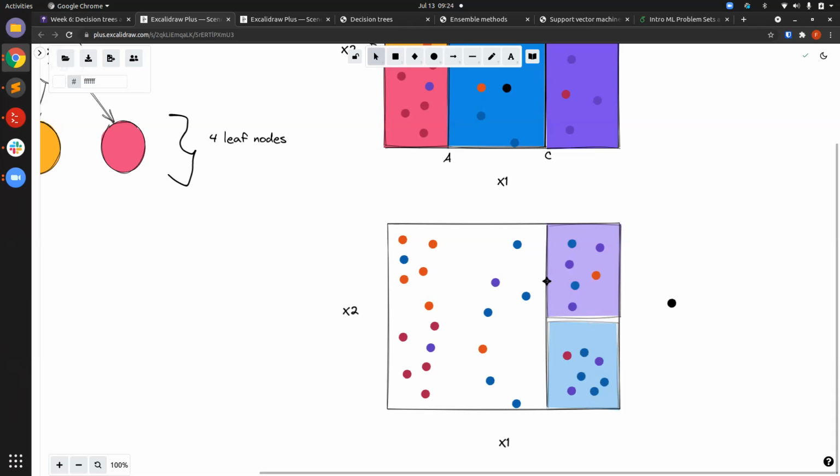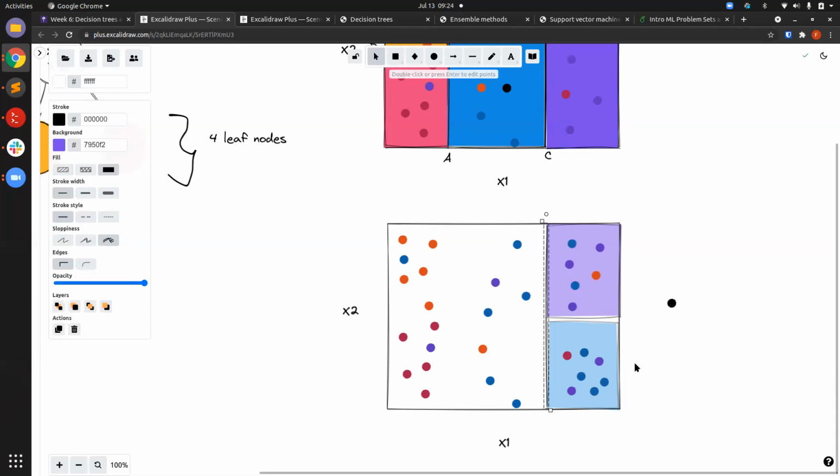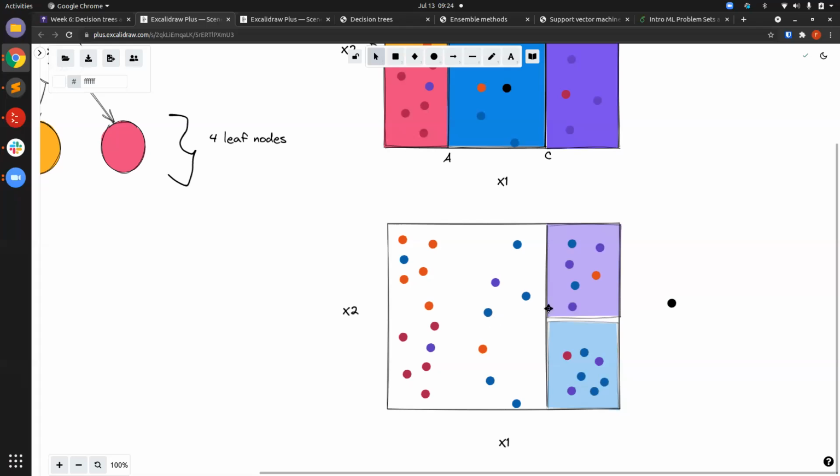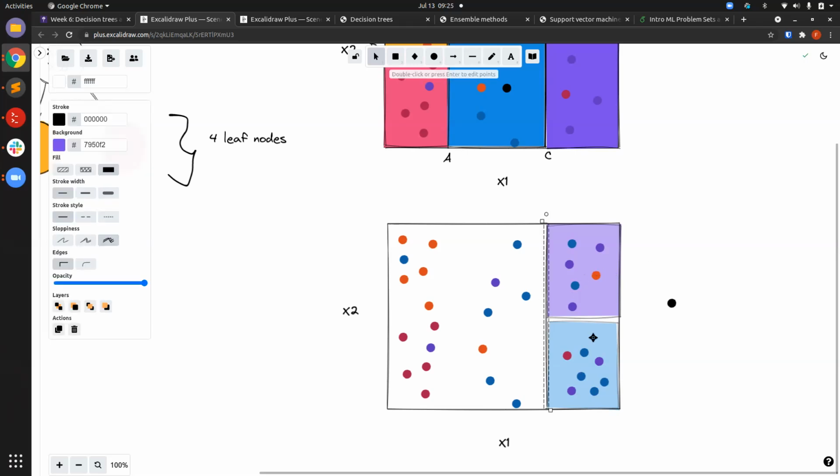But if I'm considering a split at this particular location, I'm not looking ahead to see what if I split here and then split here. I'm just looking to see what happens if I split here. So if I split here, what is the classification for this entire region on the right going to be? The most common class on the right side of that point is blue.